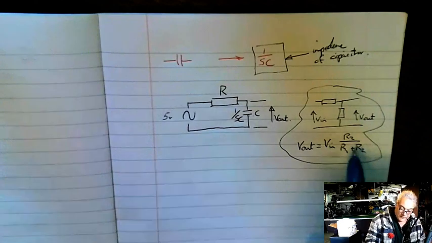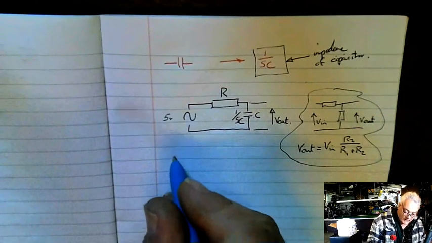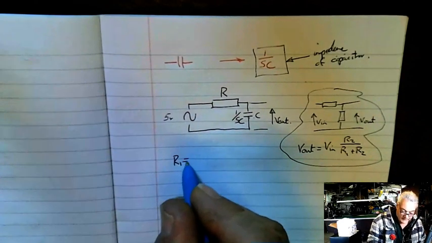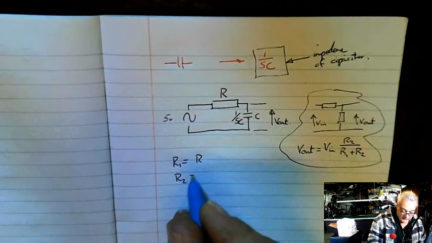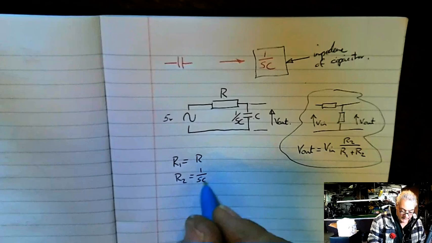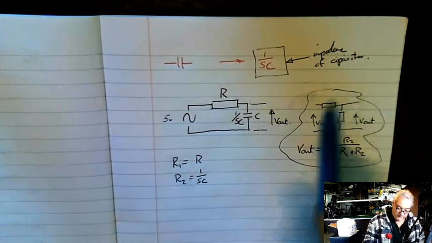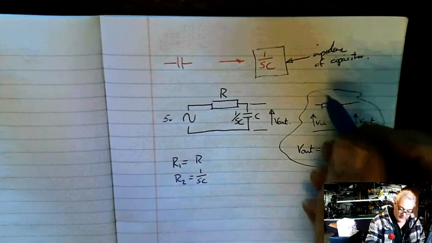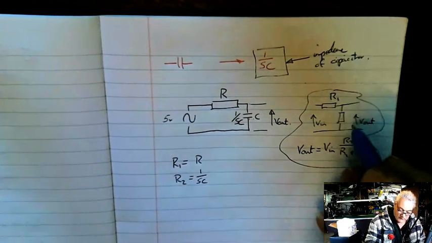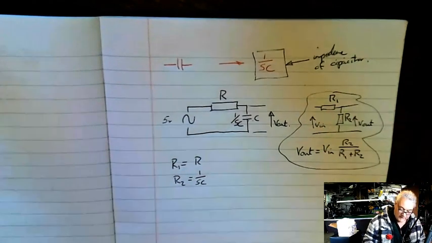So what that means is now we have R1 is equal to R, and R2 is equal to 1 upon SC. Why? Because of the potential divider equation. So the R1 is this one, and this one here is now R2.